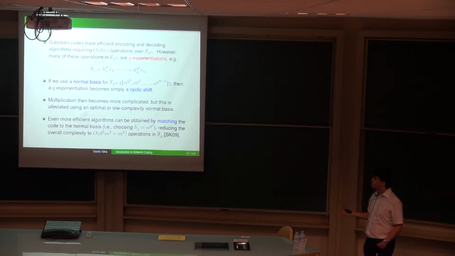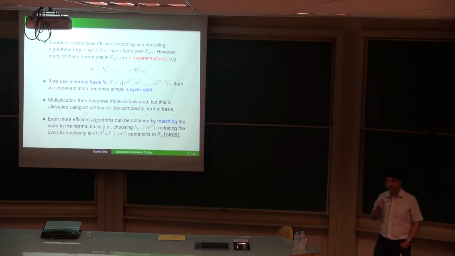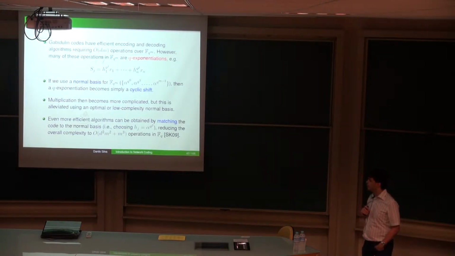Multiplication becomes more complicated if you use a normal basis, but then you can use an optimal or low complexity normal basis, and you can get the same order of complexity as using a polynomial basis.